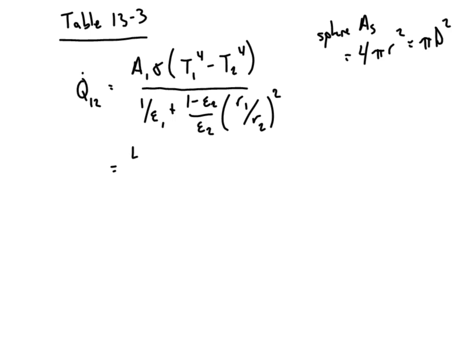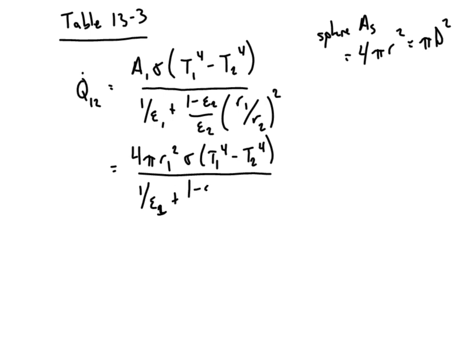So we have 4 pi r1 squared times sigma (T1 to the 4 minus T2 to the 4) divided by 1 over emissivity of 1, plus (1 minus the emissivity of 2) over the emissivity of 2 times the ratio of the radii, r1 over r2, squared.